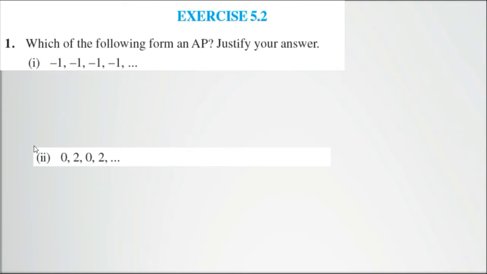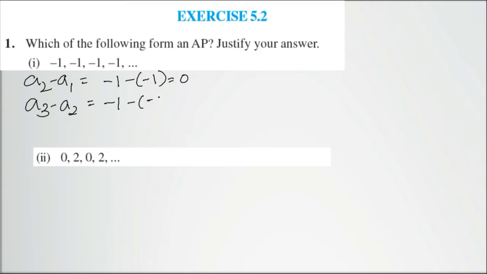In the first one, let us find out the difference. Let me do a2 minus a1. Second term minus the first term will be 0. Third term minus the second term is also 0. Fourth term minus the third term is again 0.